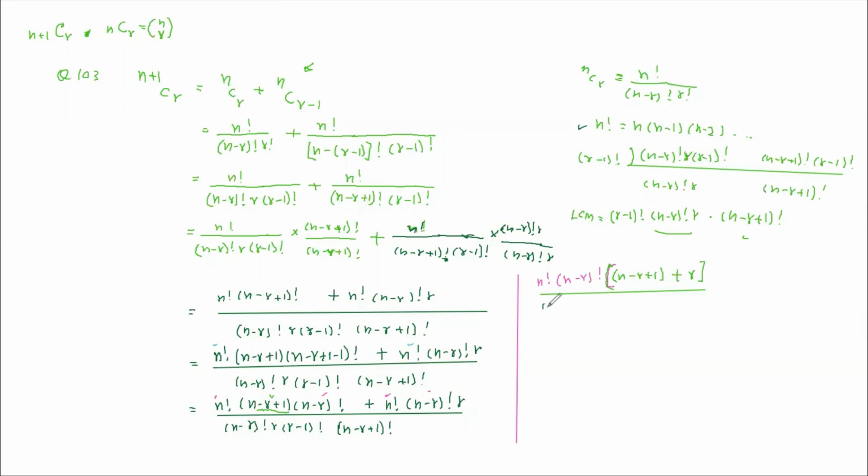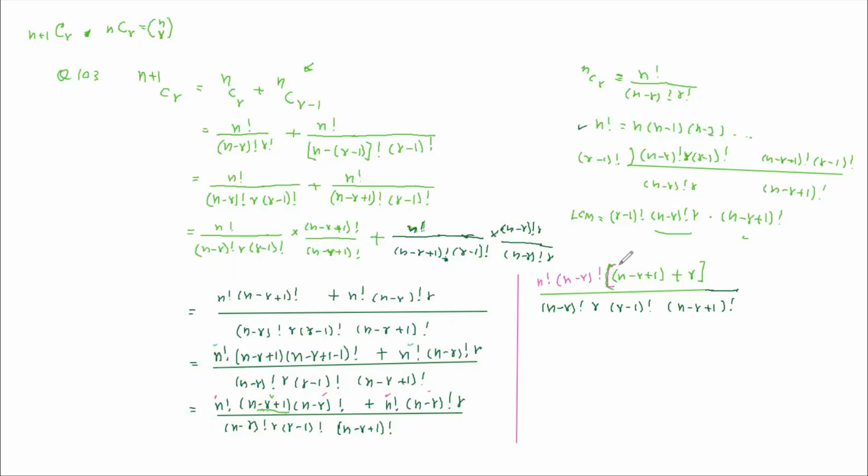So we have (n minus r) factorial times r times this one. Okay, I rewrite the bottom here, the same thing, nothing changed: (r minus 1) factorial times (n minus r plus 1) factorial. So from this one, because the top is a product, it is multiplication term by term.